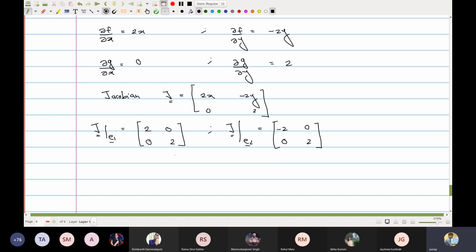And now what I need to do is I need to determine the eigenvalues of the Jacobian. I am extending the one-dimensional or first order system to a higher order system. I determine the Jacobian and I determine the Jacobian at that particular equilibrium solution.